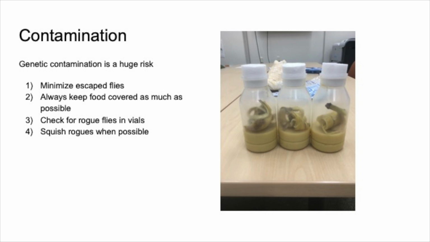Even if a fly is only in there for a second and then flies out, it's possible that they may have laid eggs, which will then hatch in that vial and contaminate your results. So just as a general practice, don't use any food that you see a rogue fly get into and out of. And whenever possible, if you see a rogue either flying around or crawling on the counter, you want to squish it to reduce the amount of rogues that are flying around in the lab.